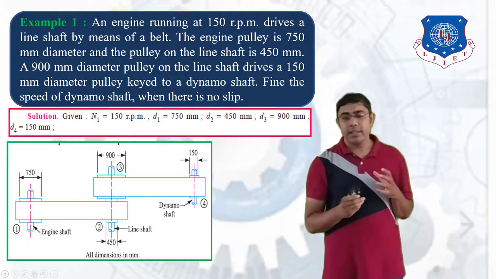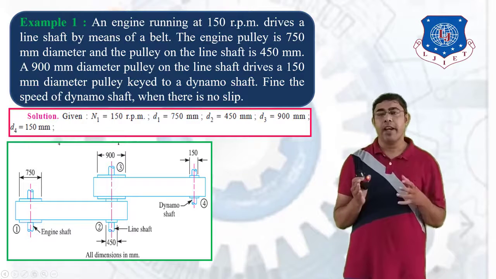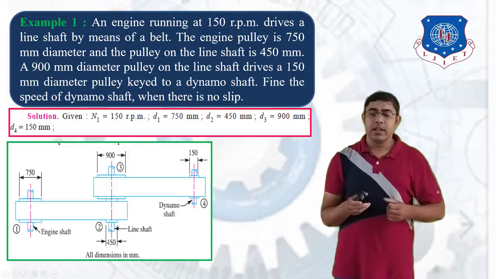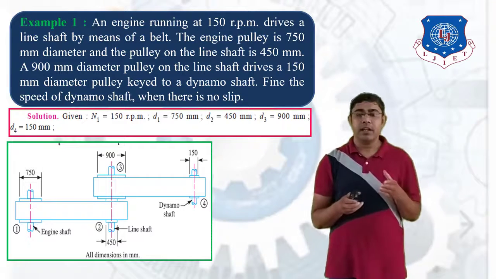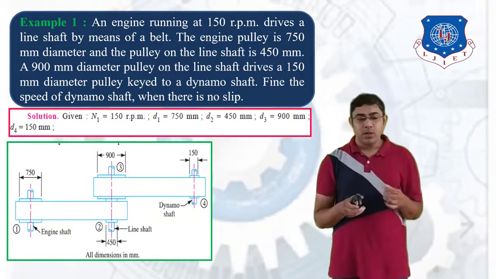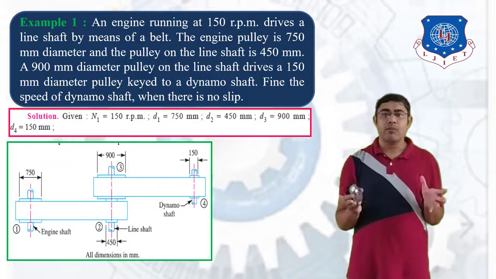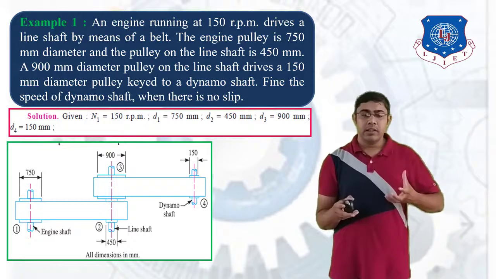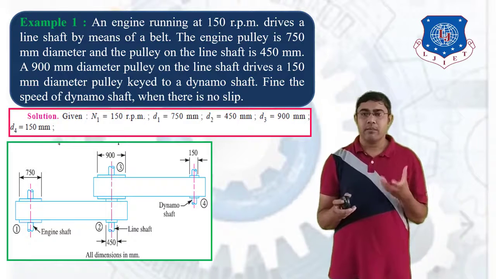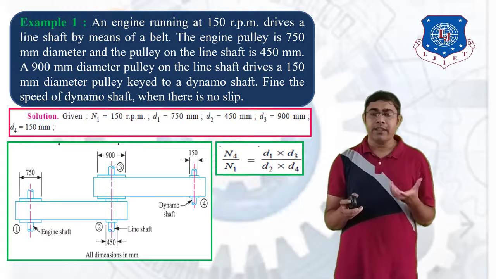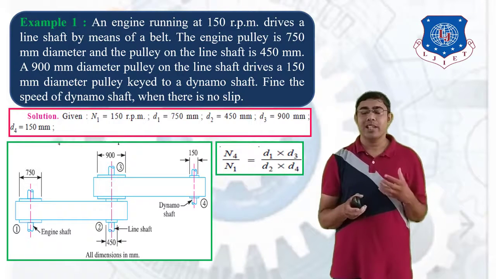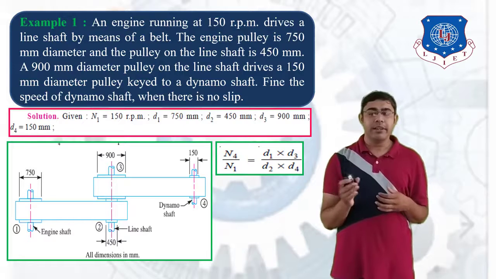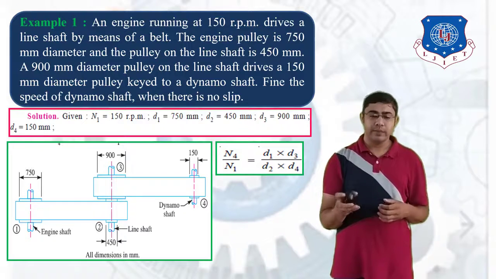Our aim is to find the speed of the dynamo shaft, so we have to calculate the speed N4. As we know, this is a compound belt drive, and for a compound drive the velocity ratio is N4 upon N1 is equal to D1 into D3 divided by D2 into D4.